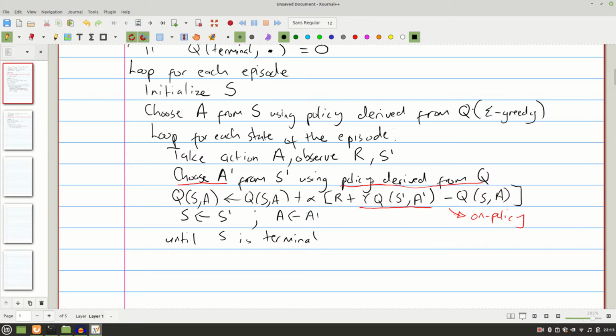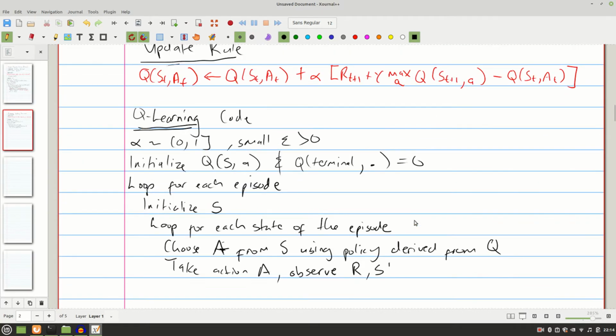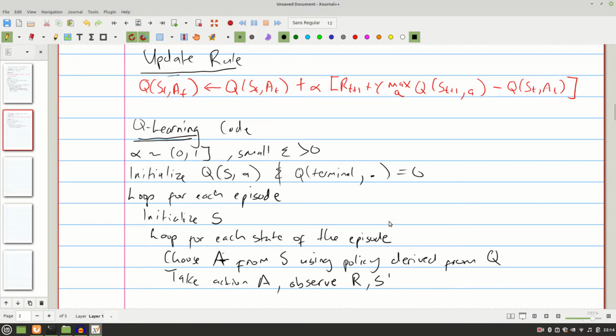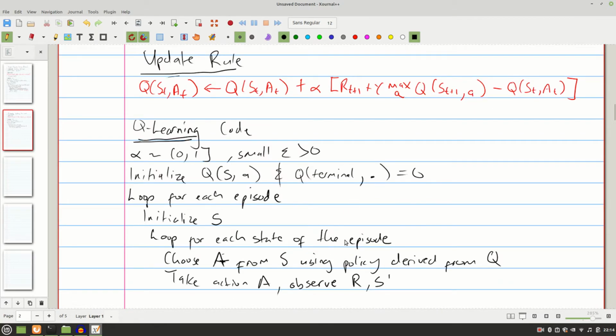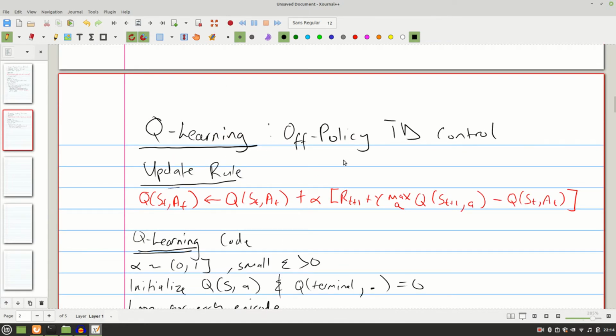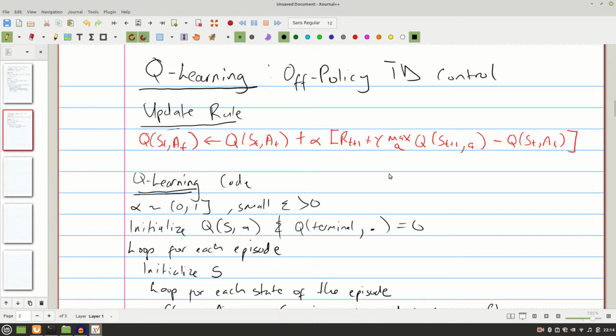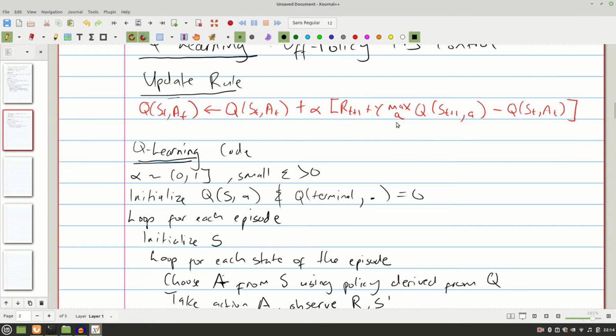In Q-Learning, we no longer choose A prime using the same policy, because it's an off-policy algorithm. Instead, to update our target, we take the maximum over all actions.